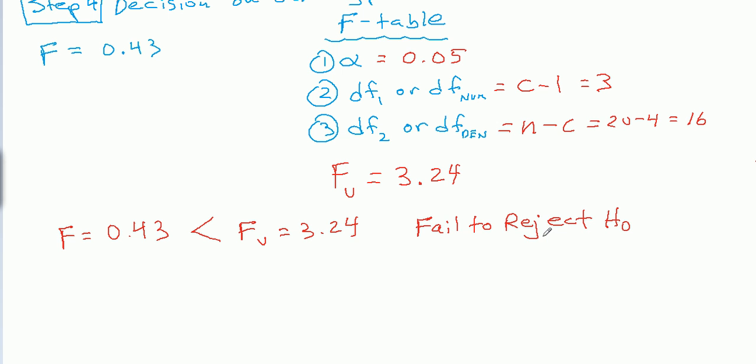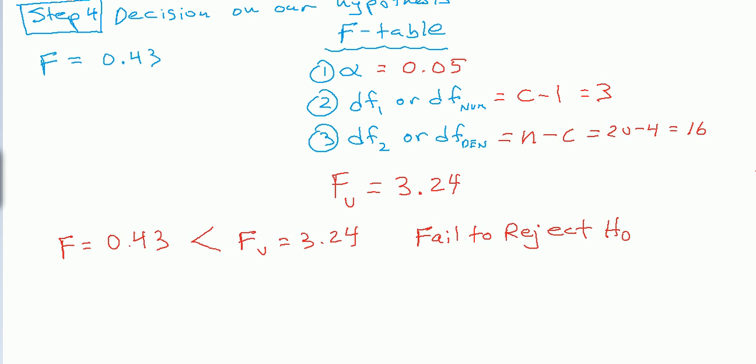That's our conclusion. Remember, if F is greater than FU, we reject the null hypothesis. But here clearly F is not greater than FU, it's a lot less than FU, so we fail to reject, or accept if you like, H0. I'm not going to go into the subtleties of that.